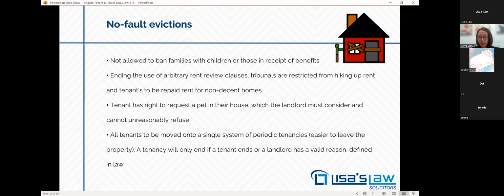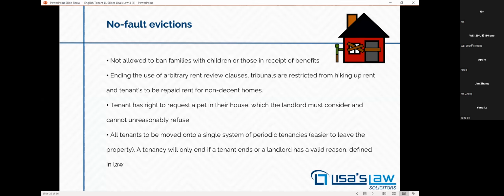But I can foresee the other problem would be the landlord might have difficulty securing tenants, because if the tenants can move in and out anytime, then that will be an issue itself. But we'll see how it develops after. A tenancy will only end if a tenant ends it, or a landlord, if they have a valid reason.